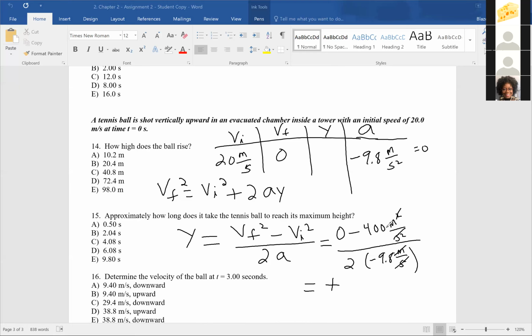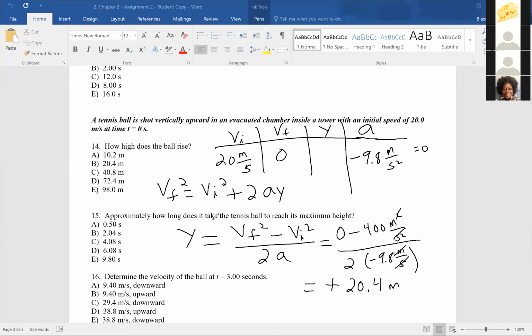We got 400 divided by 9.8. That gave us about 40 something. Divide that by 2. And we get what? 20.4 meters. Very good. All right. How high does the ball rise? It rises to 20.4 meters.